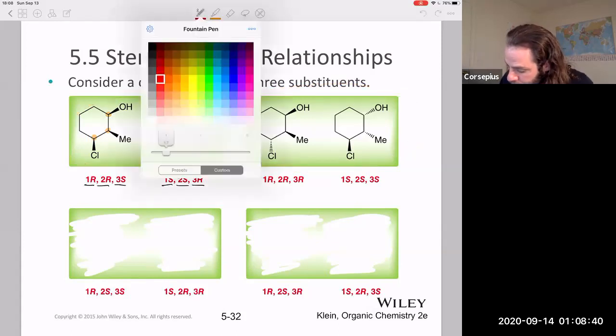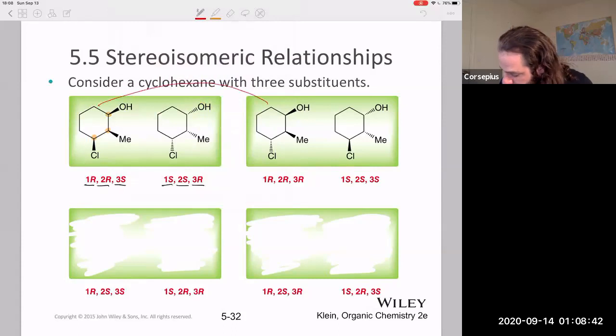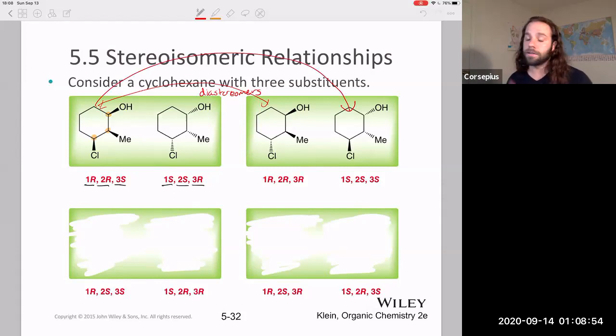The relationship between this structure and this one, these are diastereomers. Same thing with this and that one. Those are diastereomers. They're still stereoisomers, they're just not mirror images. They're not part of that special enantiomer pair. And then you can just keep going.